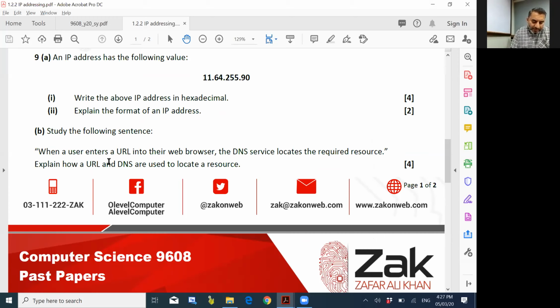DNS is domain name system, domain name service, or domain name server, whatever you call it. Then DNS receives the name, and if DNS does not have the IP address related to that name in its database, it asks another DNS server, and it gets it back. And once it gets it back, it provides us with the related IP address, and then taking that IP address, we reach out to the web server where we need to access the website.